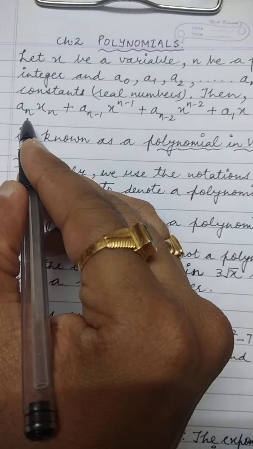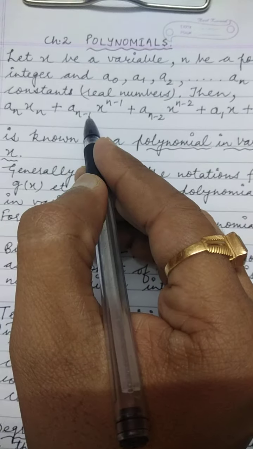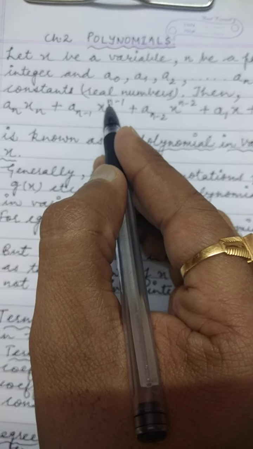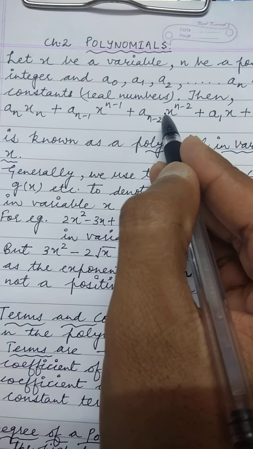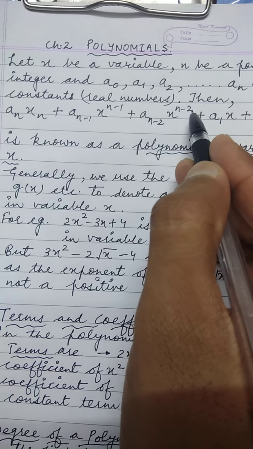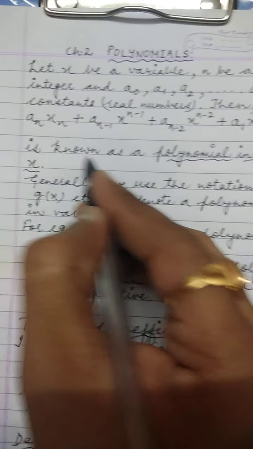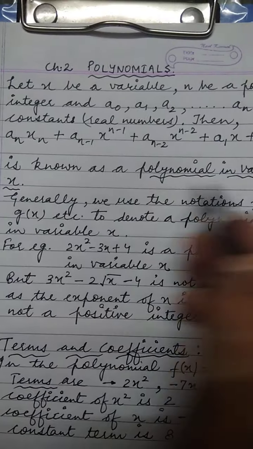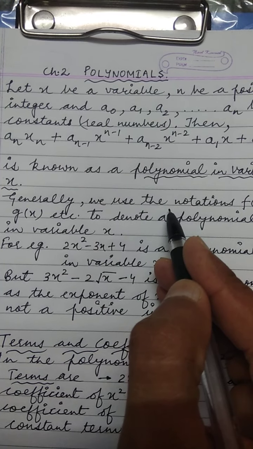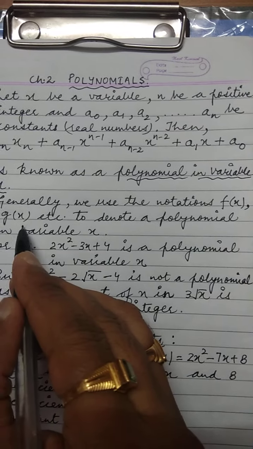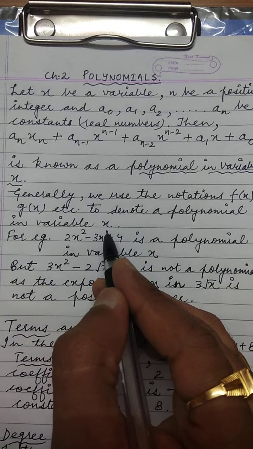Then an x^n + a(n-1) x^(n-1) + a(n-2) x^(n-2) + ... + a1 x + a0 is known as a polynomial in variable x. Generally, we use the notations f(x), g(x), etc. to denote a polynomial in variable x.